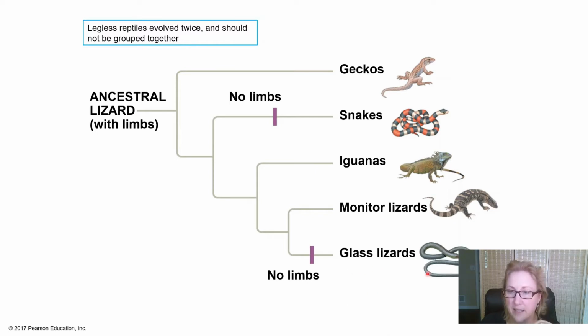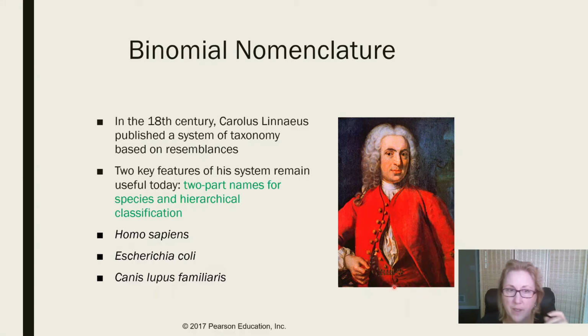In fact, glass lizards are more closely related to iguanas and monitor lizards than they are to snakes. So a phylogenetic tree makes that clear. We don't necessarily group things according to all the traits that might be similar, because we're trying to represent what has happened during the course of evolution.